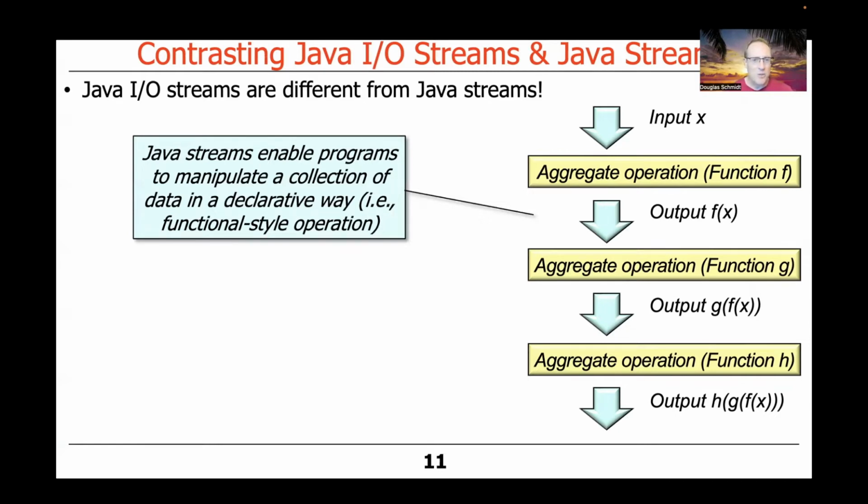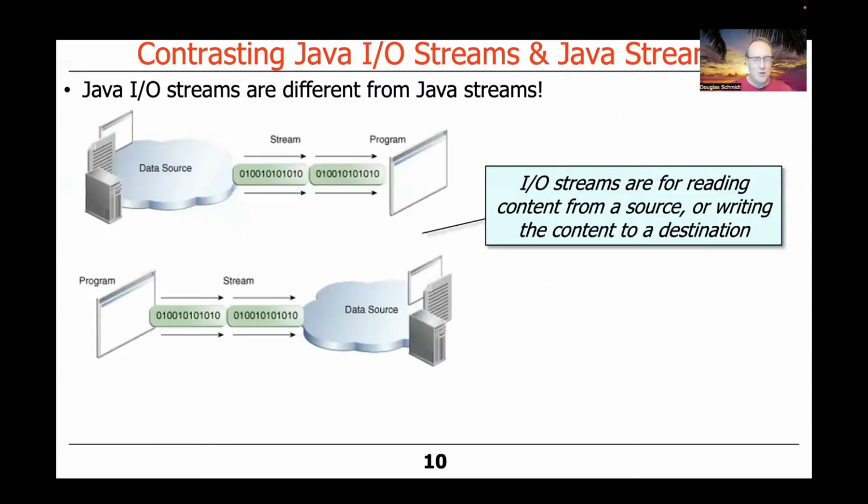So the real focus with a Java stream is on transforming or filtering data as it flows through the stream, whereas the purpose of an IO stream is reading from a source and writing to a destination.